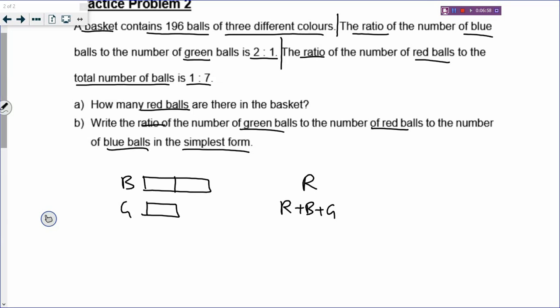It means that a few people share the same rectangle. For example, red, you have 1, and then the red, blue, and green will share a model. And then you cut it into 7, because the ratio is 1:7. So 1, 2, 3, 4, 5, 6, 7. So 3 colors share the same rectangle.